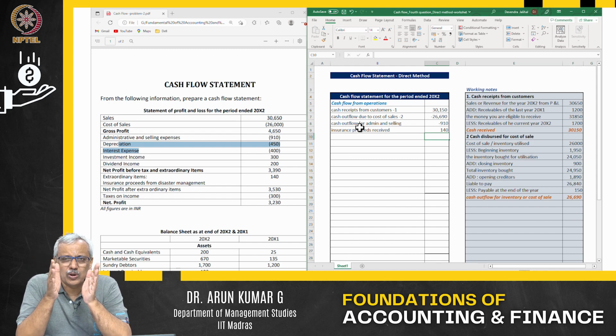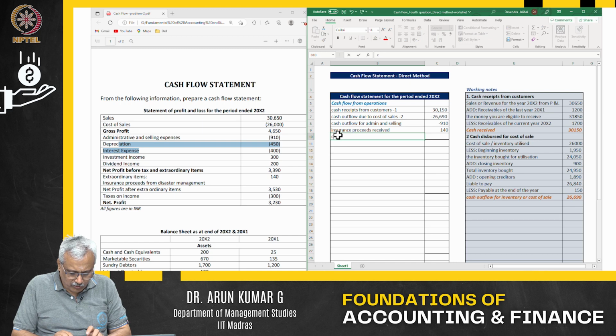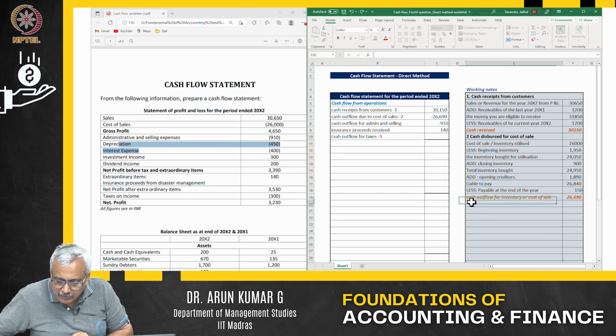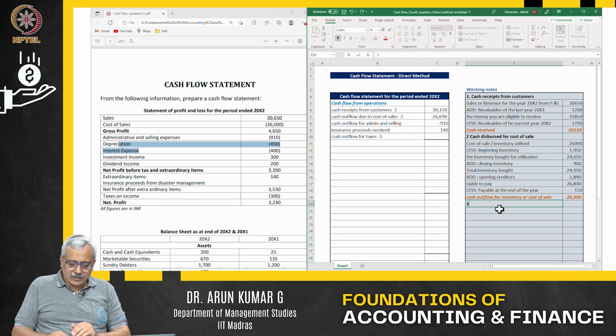Profit pertains to core activity profit and tax on the profit pertains to core activity. So, let us look at income taxes, that is cash outflow for taxes. I am going to keep it as 300 and I am just going to do that calculation here.